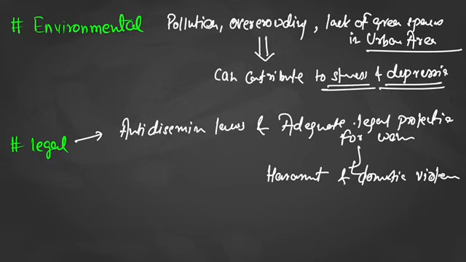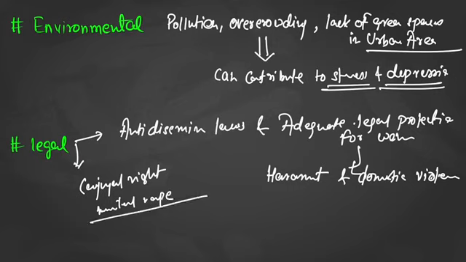Then you can also talk about the violation of their conjugal rights, and issues like marital rape. Here you can also talk about how marriage as an institution puts a burden of a lot of duties and responsibilities which women find difficult to follow.